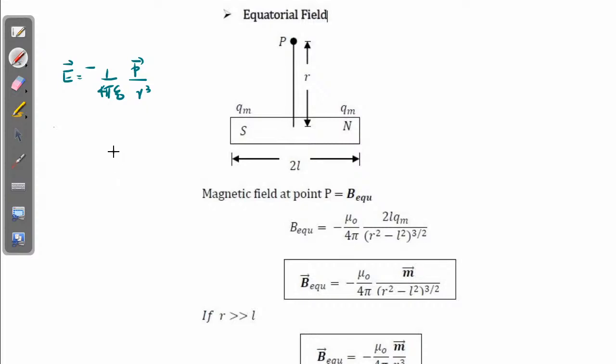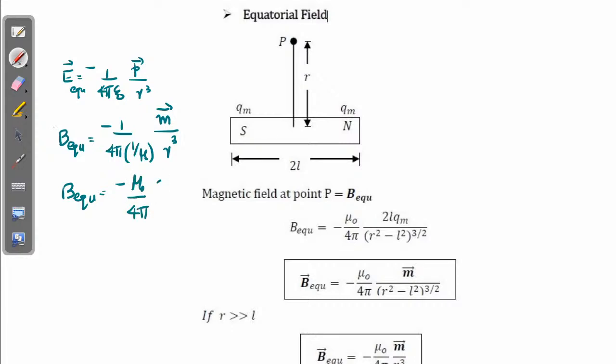Now you use the same analogy here. What is the result you will be getting? E equatorial has to be replaced by B equatorial, which is equal to minus, the same minus you have to write here. Epsilon 0 has to be replaced by mu 0. The electric dipole moment P has to be replaced by the magnetic dipole moment divided by r cube. So B equatorial will be equal to minus mu 0 divided by 4 pi, magnetic moment vector divided by r cube.